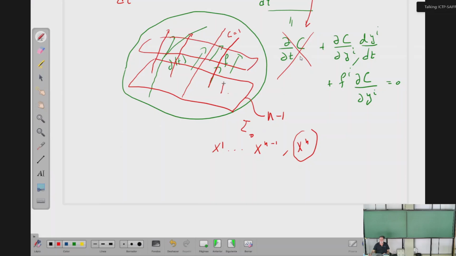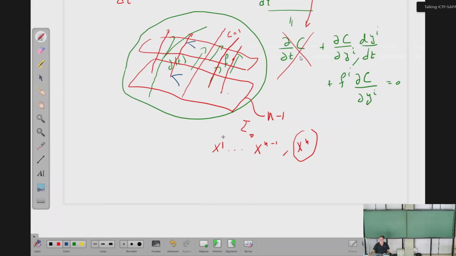So I have a coordinate system. Right? So I have a coordinate system here, this is x1, x2, and I keep going through this integral curve up to here. So I have a coordinate system like that.